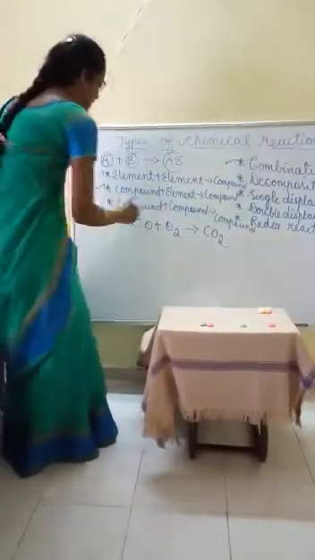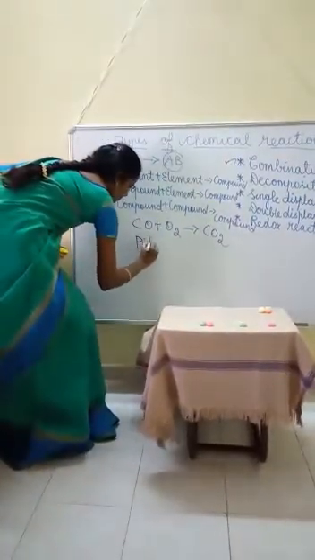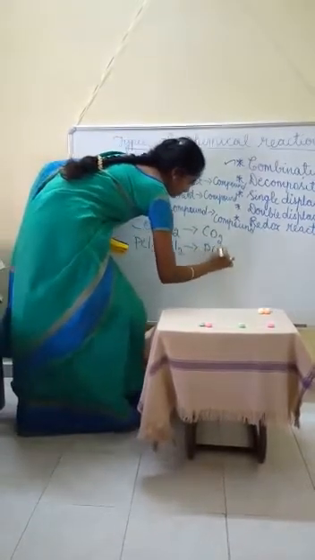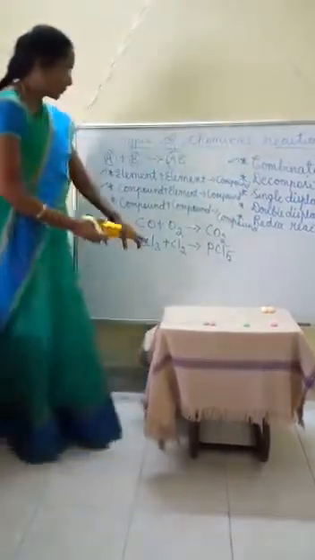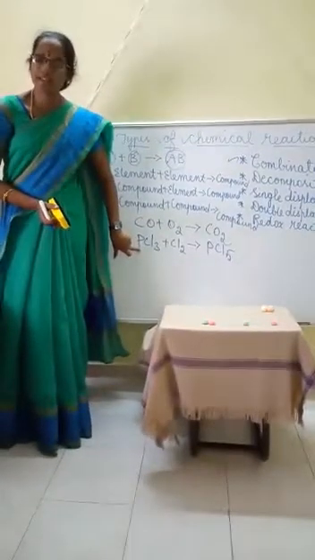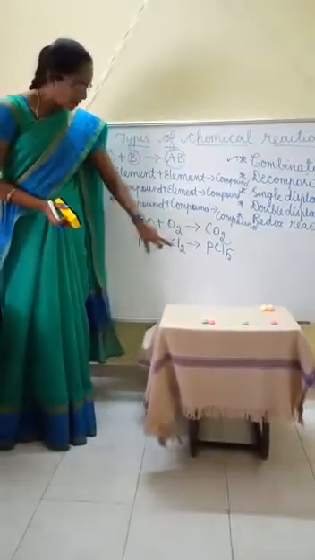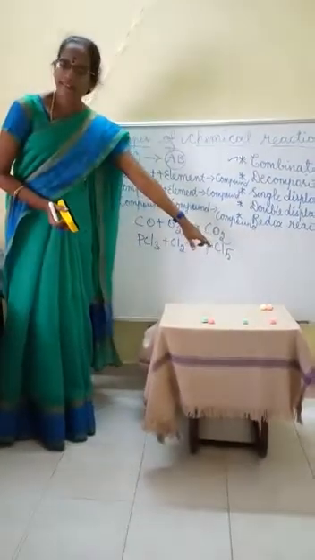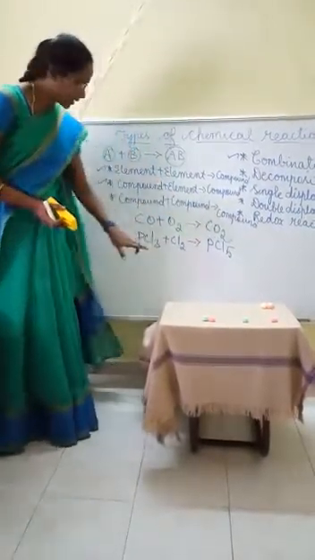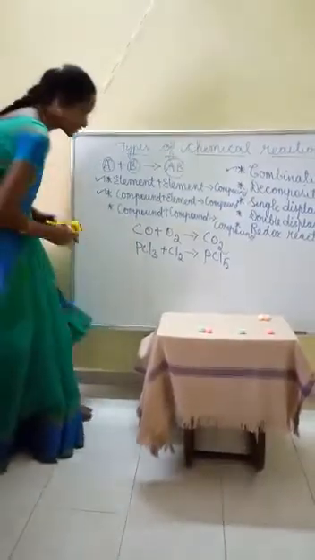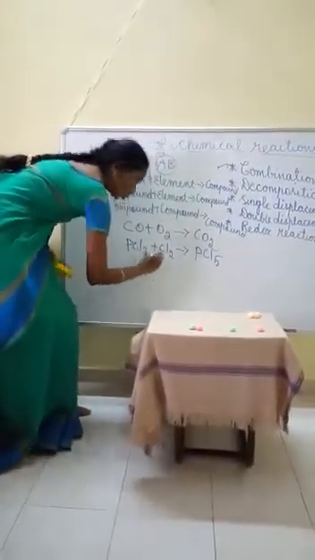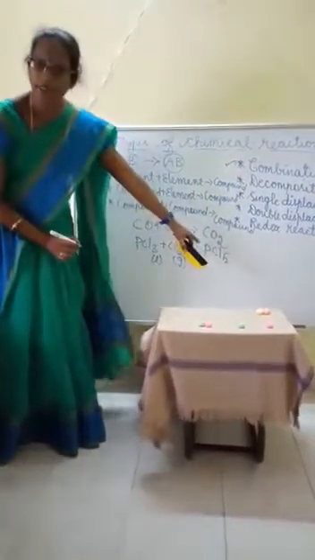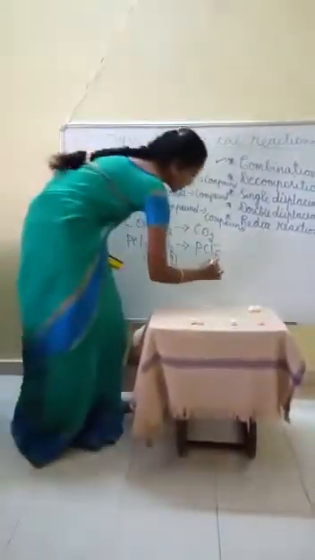One more example we can see now. PCl3, phosphorus trichloride, combines with chlorine gas to form phosphorus pentachloride. This phosphorus trichloride is a liquid, chlorine is a gas, and the product, phosphorus pentachloride, is a solid.